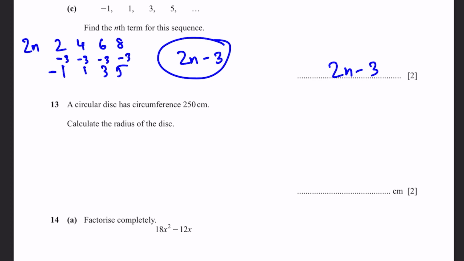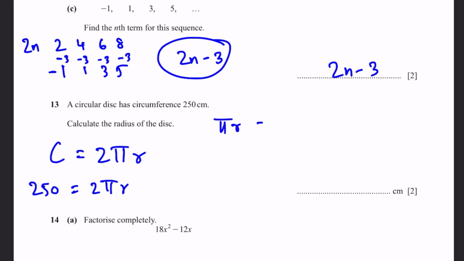13. A circular disc has circumference 250 centimeters. Calculate the radius of the disc. Circumference is equal to 2 pi r. So 250 equals 2 pi r. And then pi r equals 125, which is 250 by 2. R equals 125 by pi.